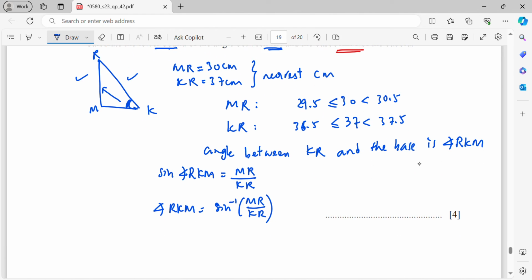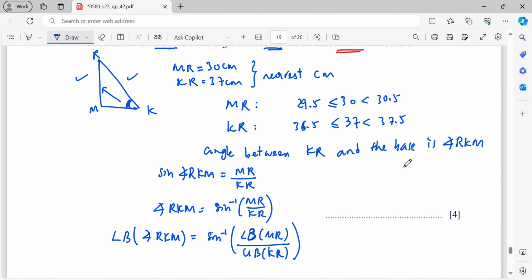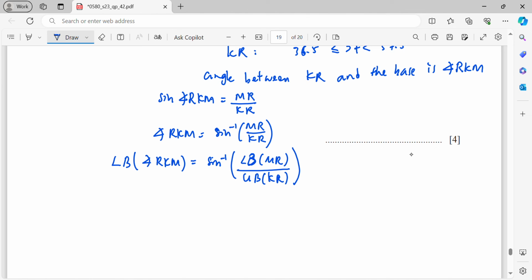Alright, so now my lower bound of the angle RKM equals to inverse sine. When this is division, it will be lower bound of MR divided by upper bound of KR. Okay, when division, you must use this way. So if you find the lower bound, then it will be lower bound over upper bound. Otherwise, upper bound will be upper bound over lower bound.